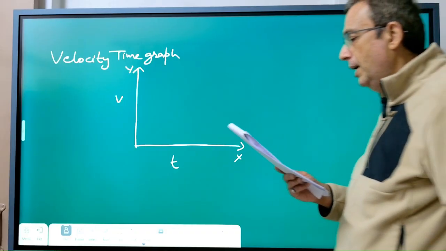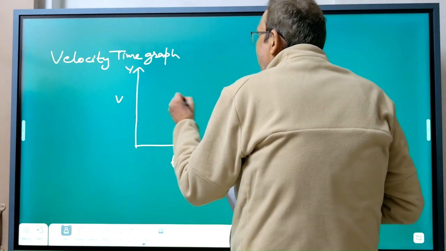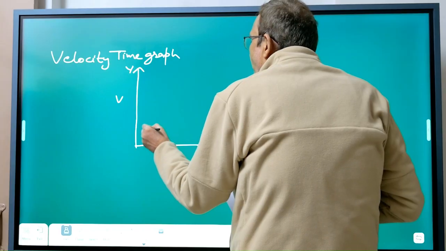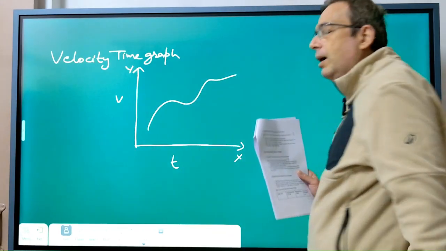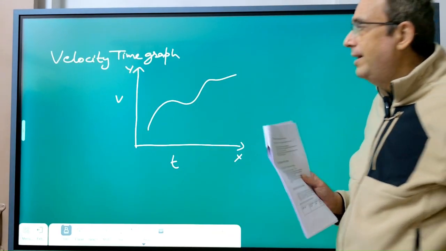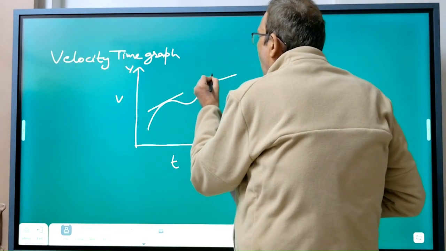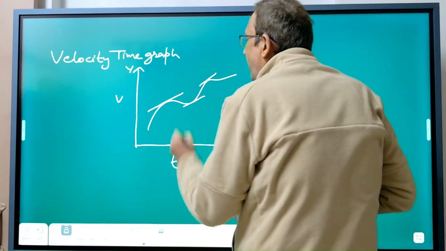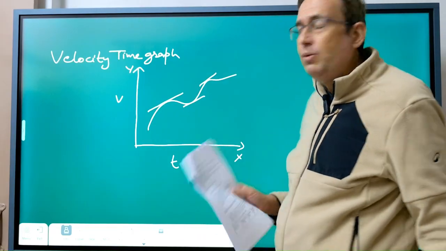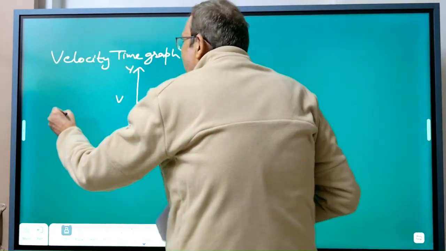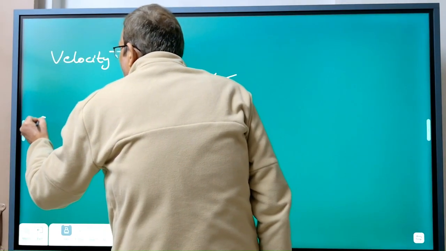And the slope of the graph: let us say you have some graph with an arbitrary curve, and then the slope of the graph at each point, let's say at this point, or this point, or this point. So what would this slope represent?